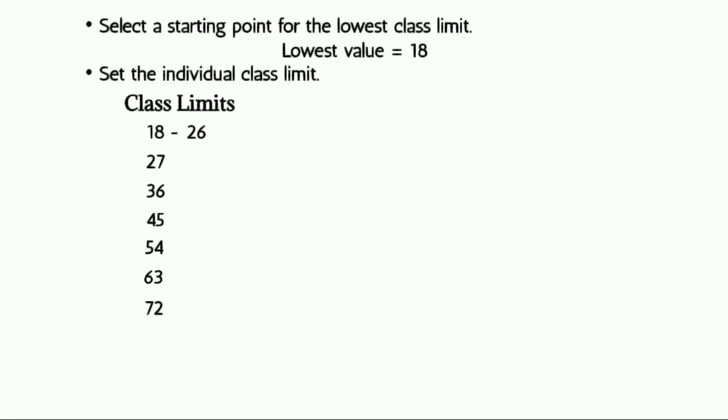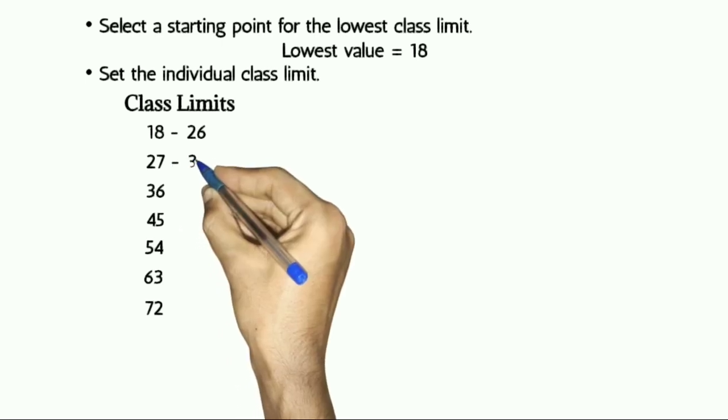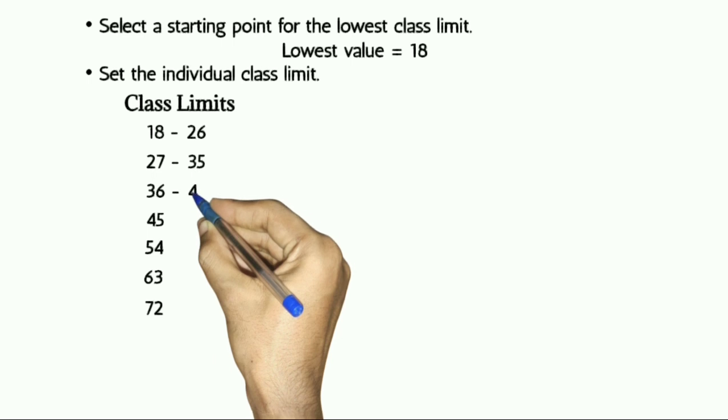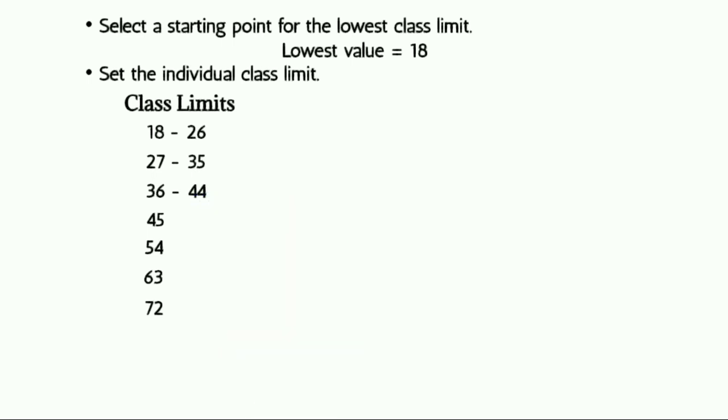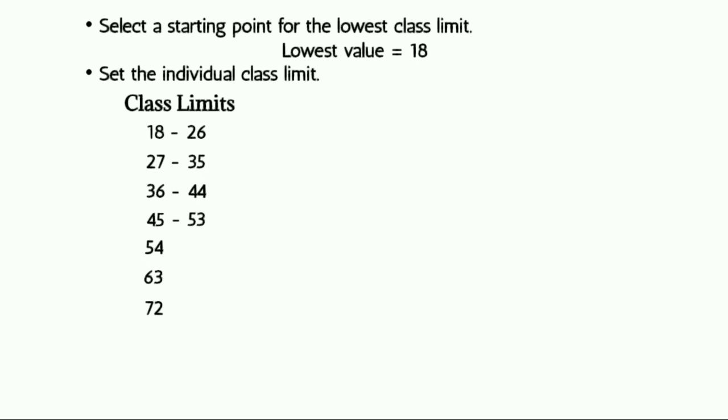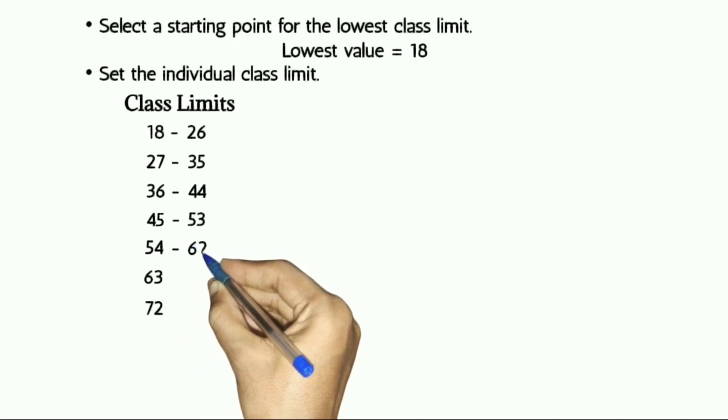Same process sa upper class limit ng second row, 36 minus 1, that is equal to 35. For the third row, 45 minus 1, that is equal to 44. For the fourth row, 54 minus 1, that is equal to 53. For the fifth row, 63 minus 1, that is equal to 62.